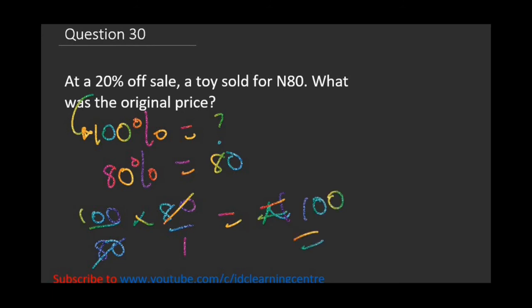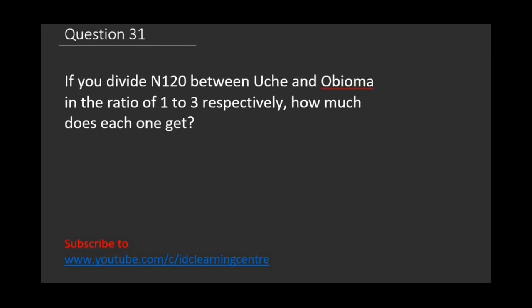Question 31. This question says, if you divide 120 naira between Uche and Obioma in the ratio 1:3 respectively, how much does each get? Uche will get, sum of ratio 1 plus 3 is 4. Uche will get 1/4 times 120/1. 4 here 1, 4 here 3.